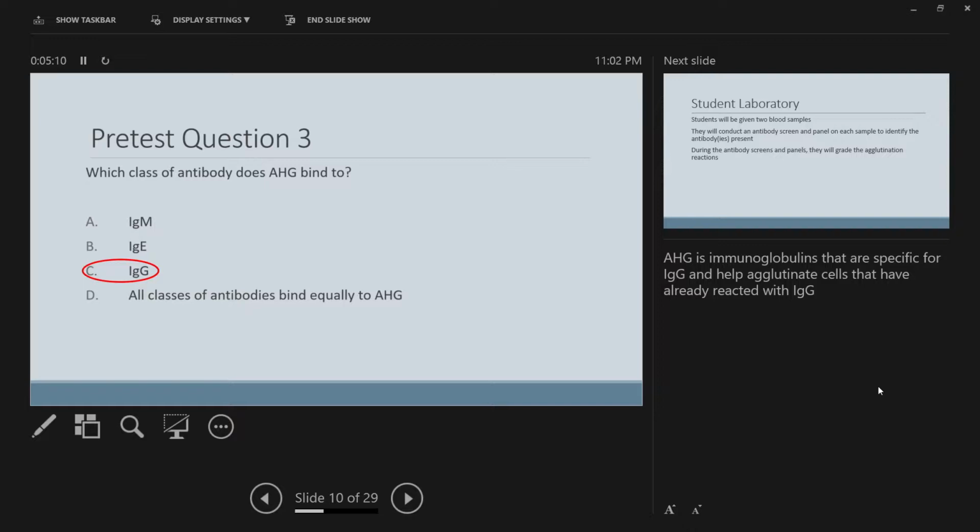The answer is C, IgG. So AHG is short for anti-human globulin, and they're immunoglobulins that are specific for IgG and help to agglutinate cells that have reacted with IgG.